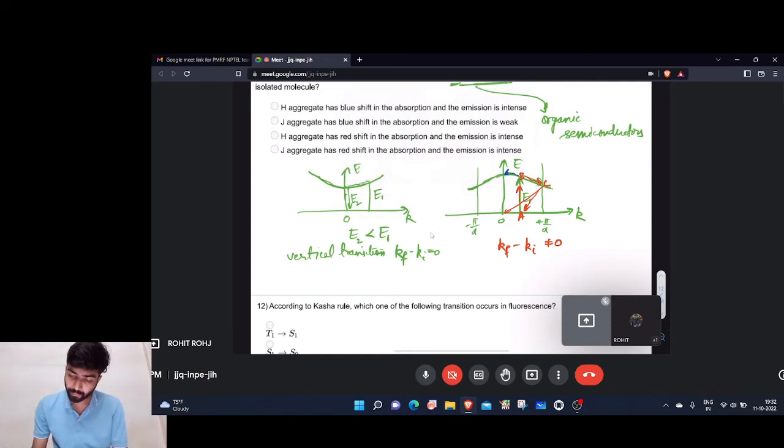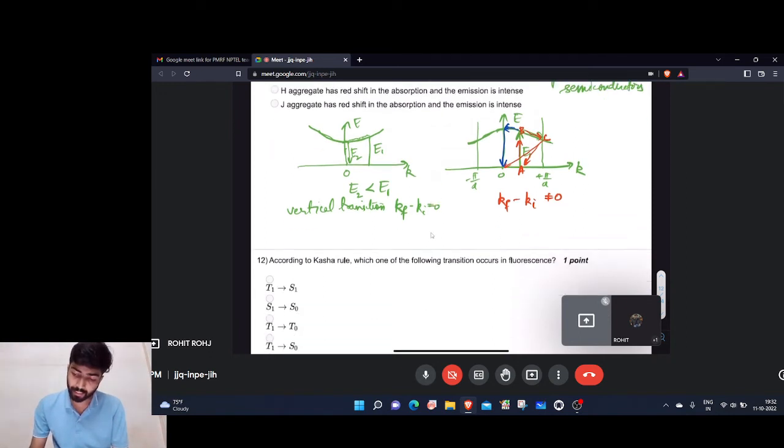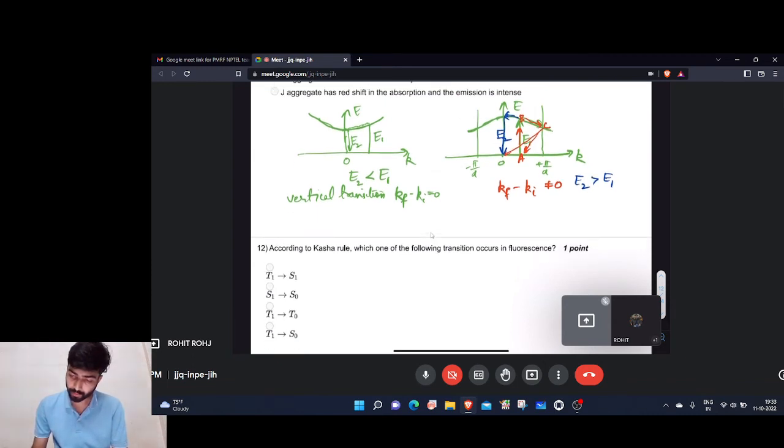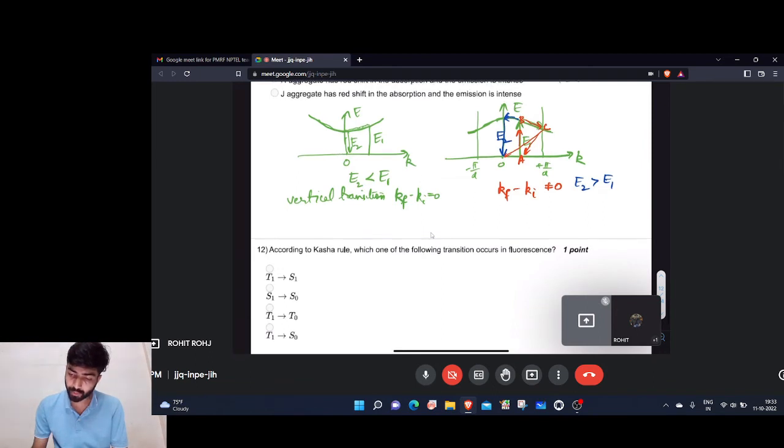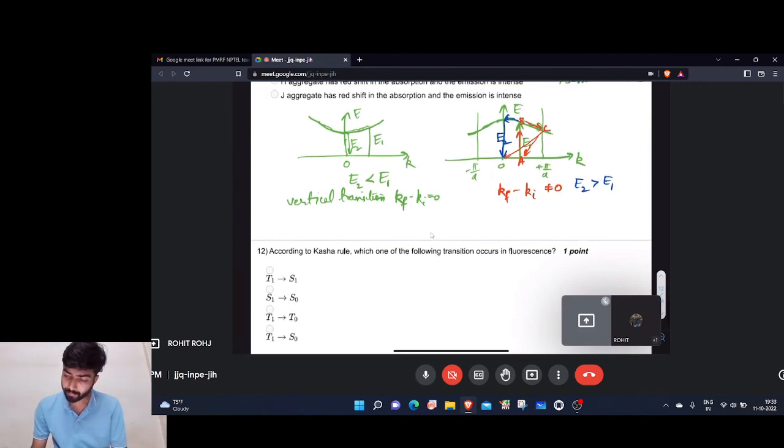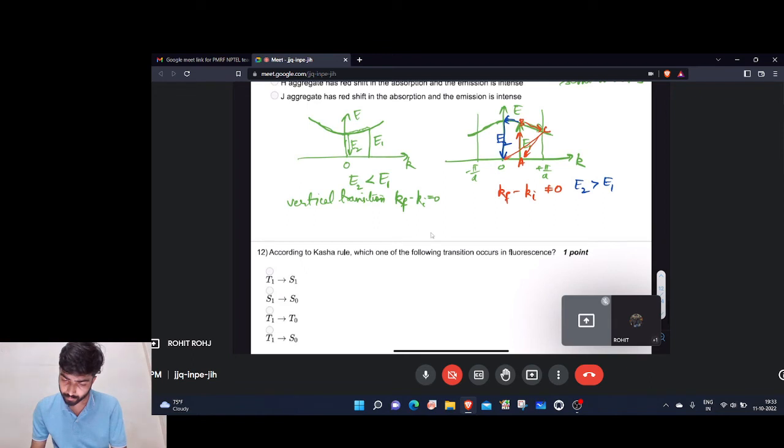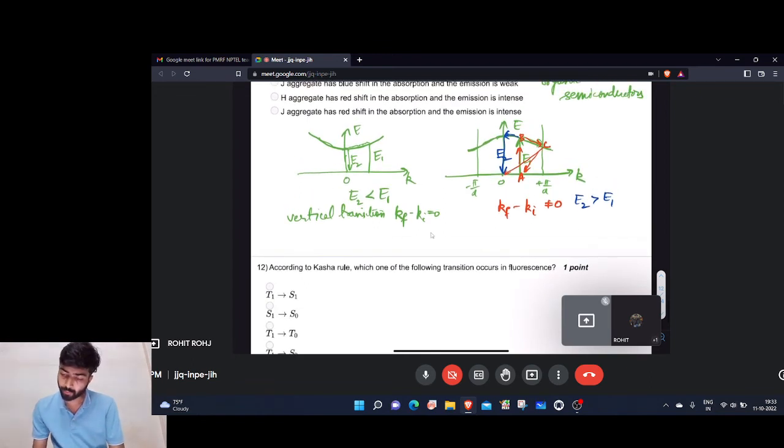Now in this case, when the system gains energy from external agencies, it can relax as a vertical transition straight to the ground state. Now this energy of emission, let's say E2, in this case E2 is greater than E1, but since the system does not conserve momentum, or yeah, just a second, let me take a minute in the explanation if I'm missing something.